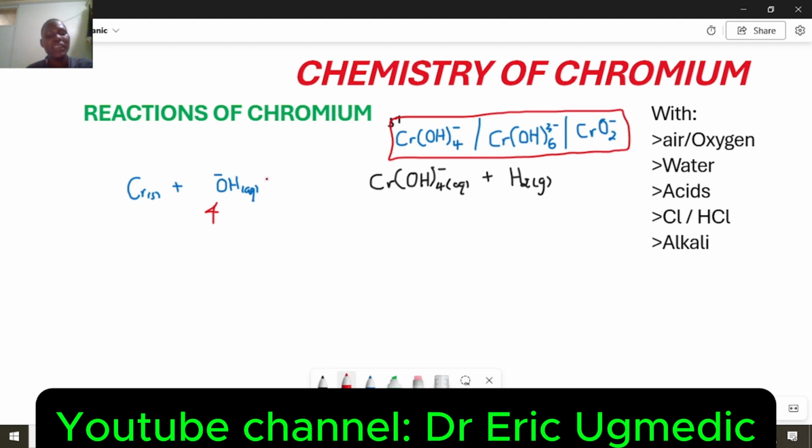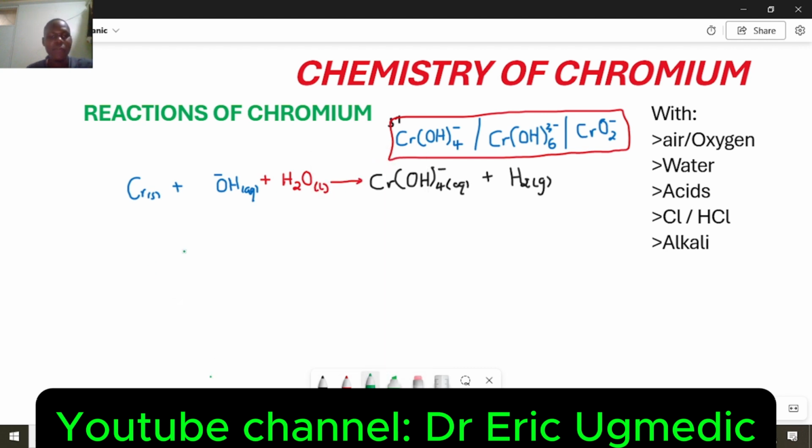I'll have water on my left hand side. In the first place, you may not know that it's there, but as you try to balance, you realize that everything is not working out. That can be a clear indicator that among your reactants, you actually have water. So after introducing my water, I can balance again.